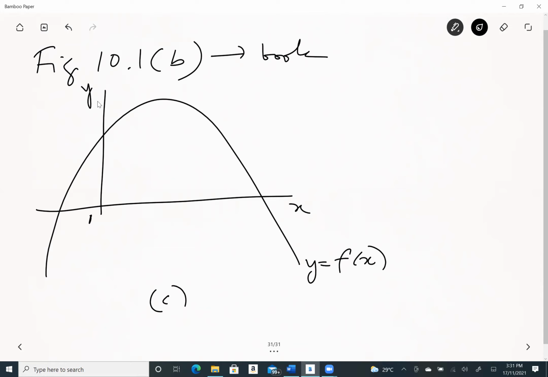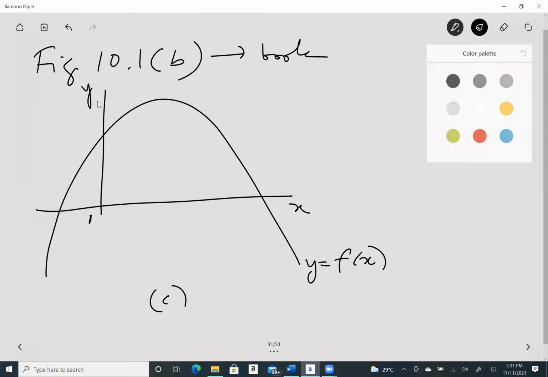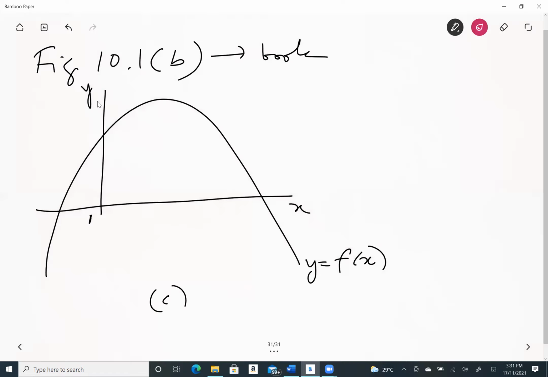Now, if you look at this curve, if you go from the left, the function is increasing since the slope is positive.